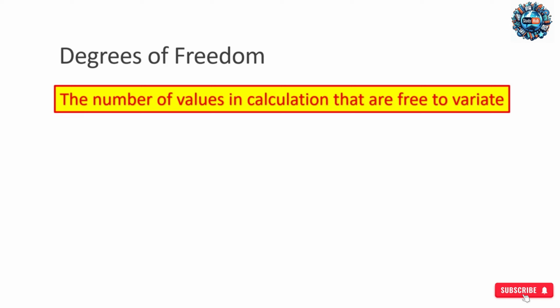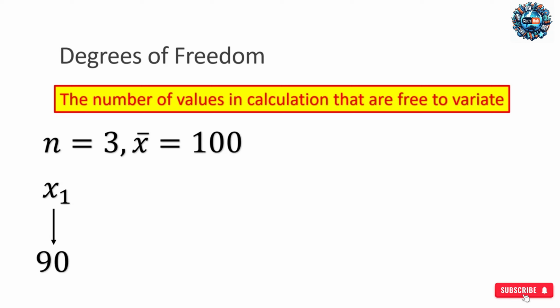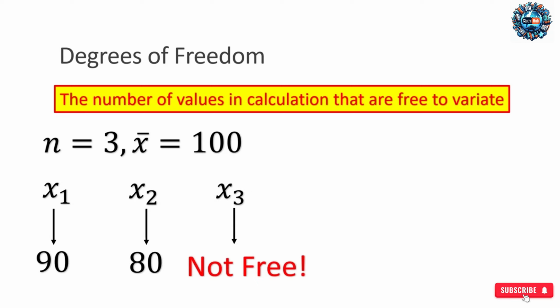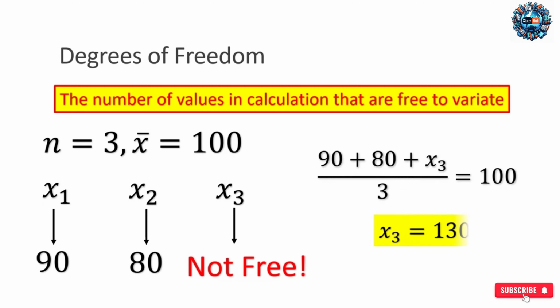For example, sample size equal to 3, sample mean equal to 100 is used in computing sample variance. We can choose 2 individuals independently, for example, 90 and 80 in the table, but the third is not free to vary because of the constraint of the sample mean. The only choice for the third number is 130.